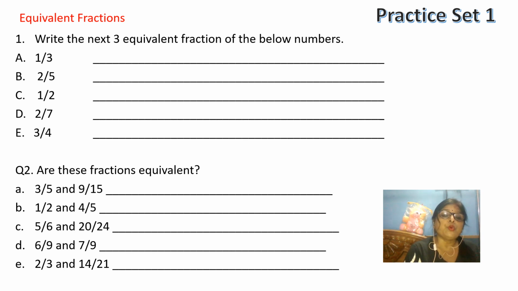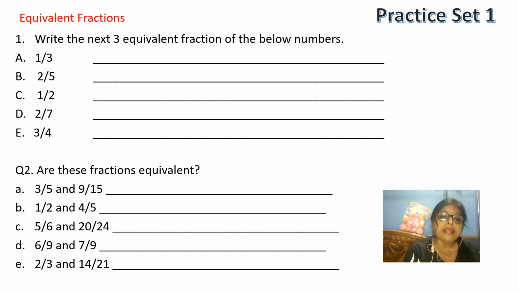Next, question 2. Are these fractions equivalent or not? You have to check whether the given fractions are equivalent or not. I have already discussed the process. First, you multiply the numerator of the first fraction and the denominator of the second fraction and find the product.